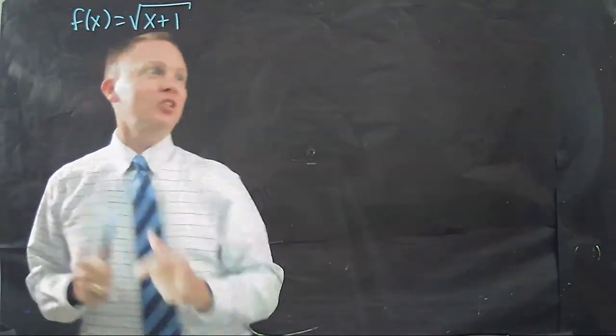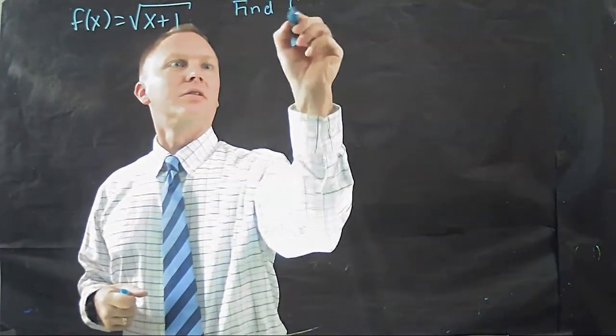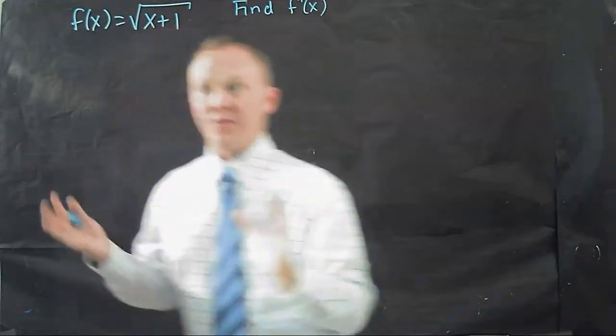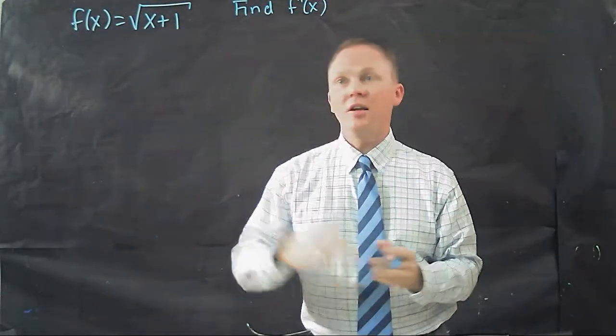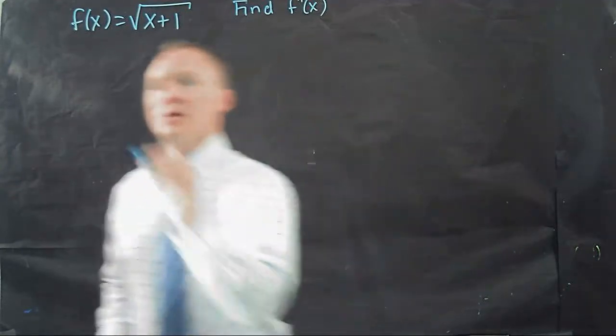So here we go. Here's our function. We're going to find f prime of x. Okay, and we're going to find it using that limit definition. Again, we're going to learn shortcuts for this. Don't worry.